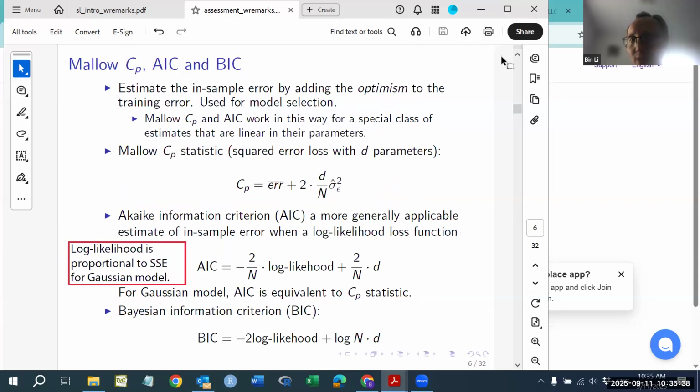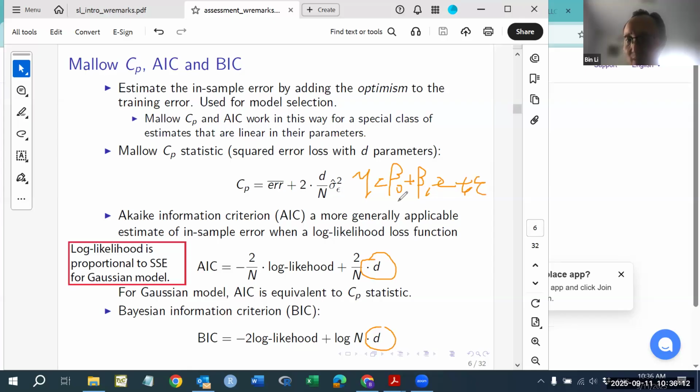So to have a penalty, how do we describe the model complexity? We describe the model complexity through d, the number of parameters in the model. So how many parameters do you have in a model? For example, a simple linear regression: Y equals beta 0, that's the intercept, plus beta 1 x plus epsilon.